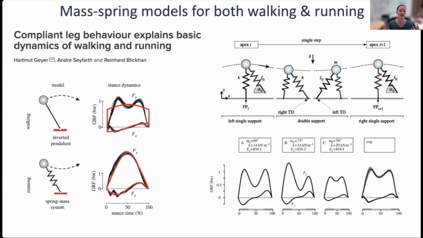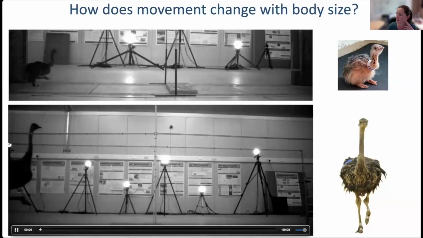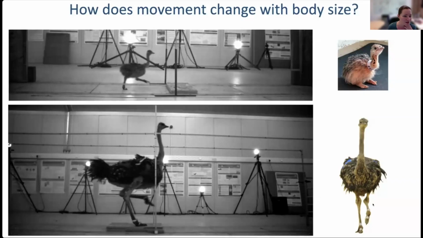So these studies have shown that basically walking and running are characterized by a combination of inverted pendulum and mass spring dynamics, and that you can put them together as a spring-loaded inverted pendulum model that accounts for both of these dynamics and their coupling. So that's some background to frame how the field thinks about bipedal gaits. Now I want to turn to some actual data and observations from animals.